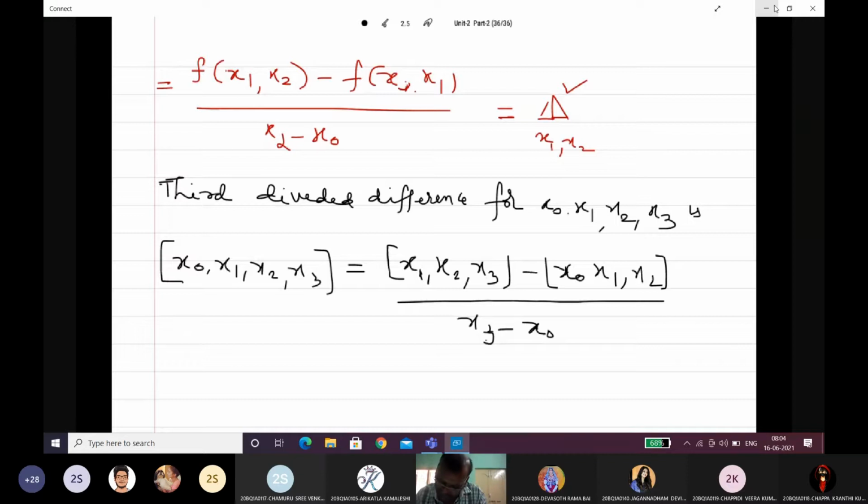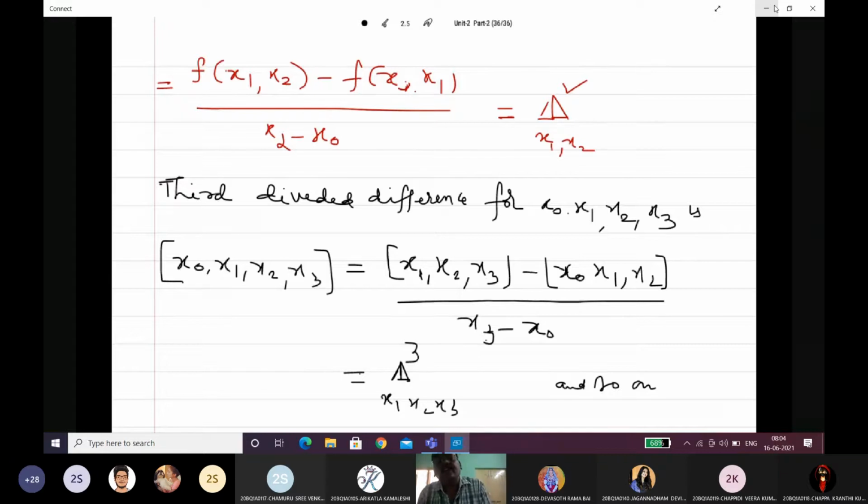This we denote as delta cubed of x0, x1, x2, x3, and so on.